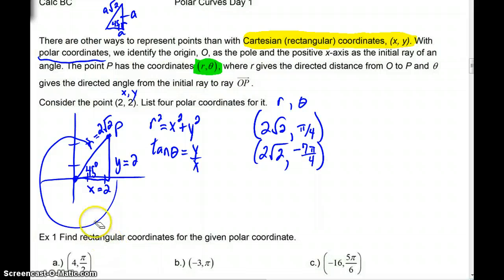Well, maybe the biggest adjustment with polar coordinates is dealing with the fact that we can have a negative r. The negative r value is getting tied into this directed distance, and I'm going to say r is equal to negative 2 root 2.